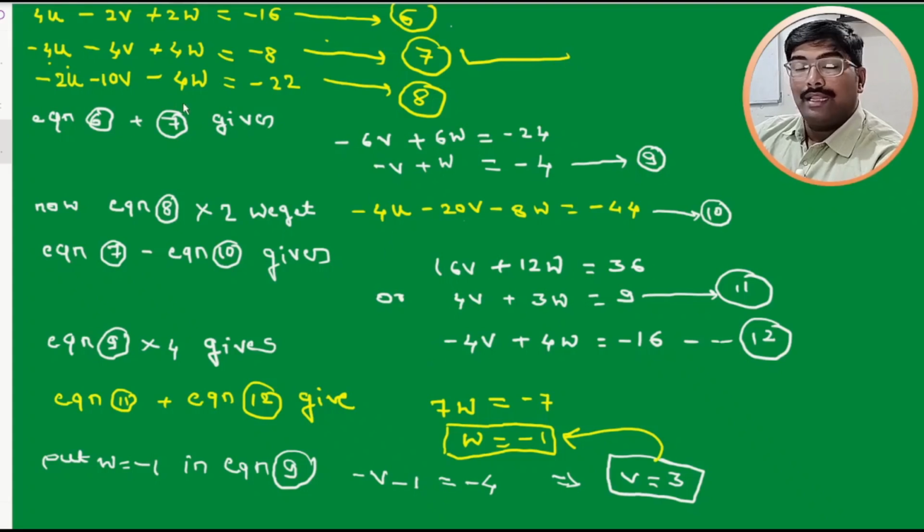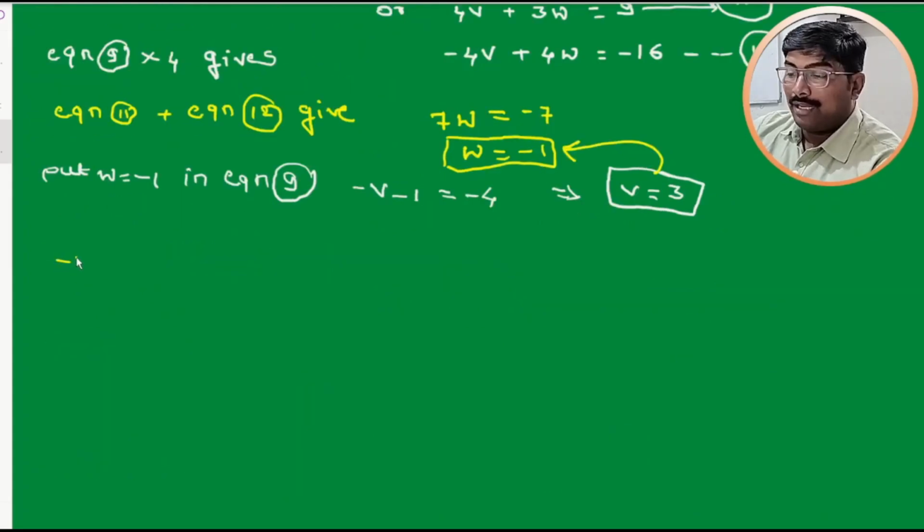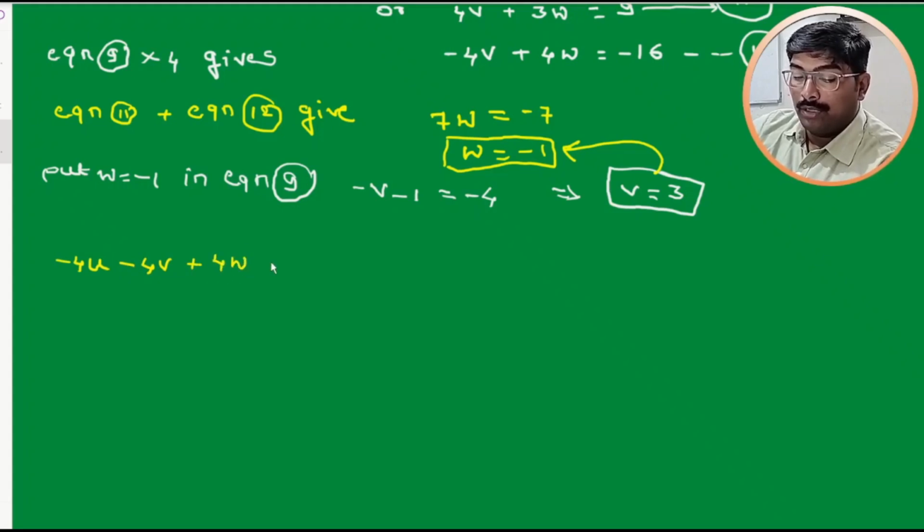So we get the value of U. I will write equation number 7 once again. Equation number 7 is minus 4U minus 4V plus 4W is equal to minus 8.